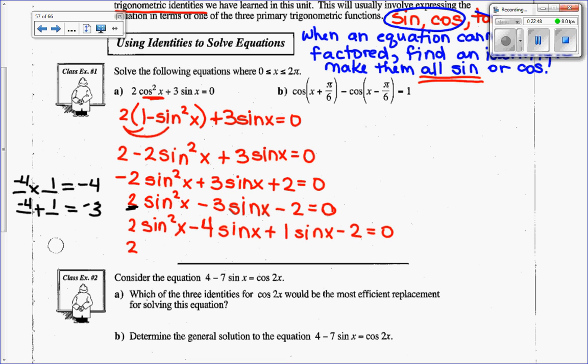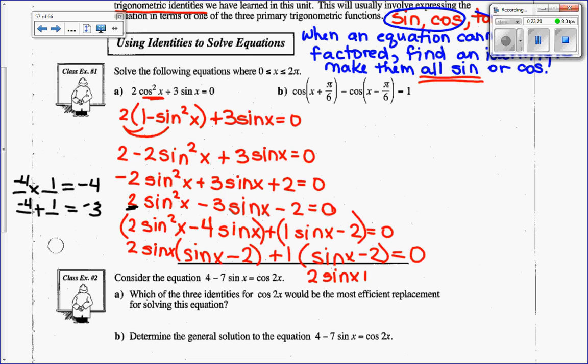Now I'm going to take out a 2 sine x. Remember, I'm going to group those first 2 terms, those last 2 terms, keep my sign in the middle. So I've got 2 sine x times sine x minus 2 plus 1 times sine x minus 2. So my factors will be 2 sine x plus 1, and my other factor is sine x minus 2.